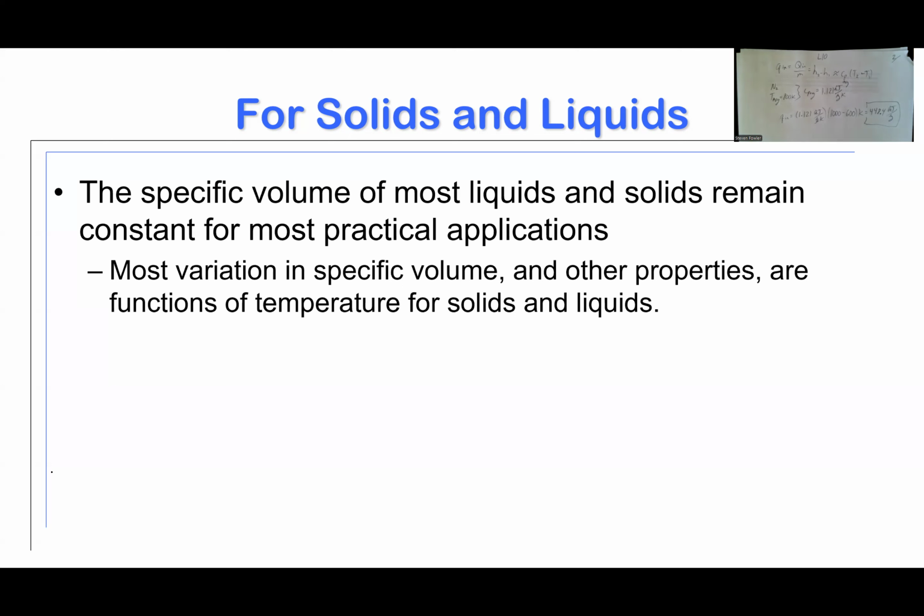So for the variation of specific volume and other properties, U, H, and S, these are going to be functions of temperature for the solid or liquid. So if I know the temperature, I should be able to describe either those properties or their changes.